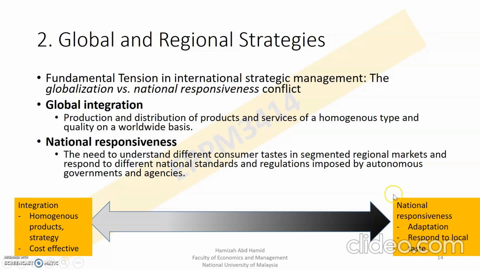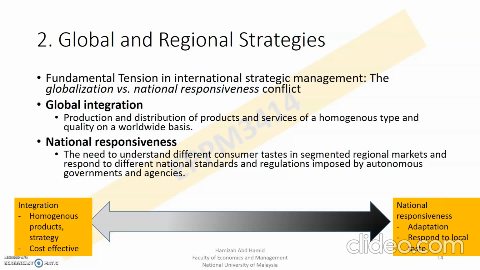However, this strategy does not suit all companies. Maybe if the products are homogeneous, like oil and gas companies, they can use this strategy. But if you are conducting a food and beverage company, it is better if the company follows national responsiveness.